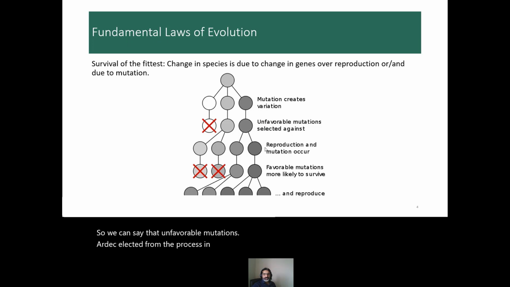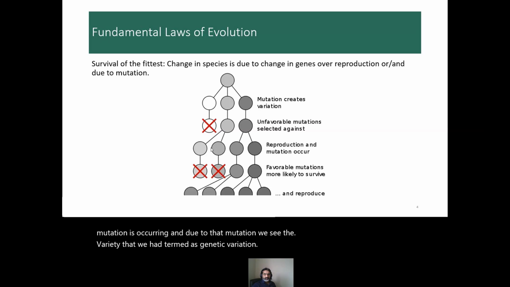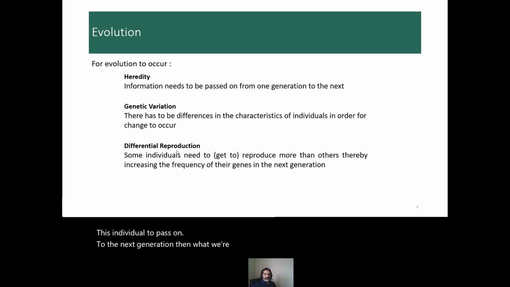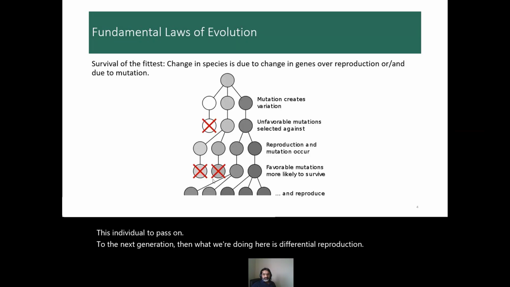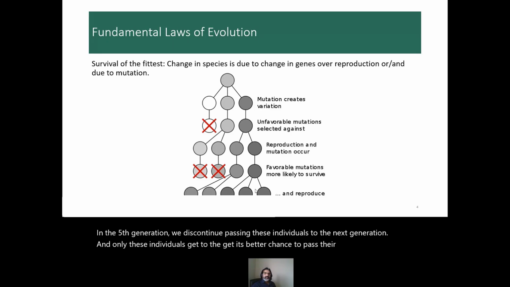In the fourth generation, again we see reproduction and mutation occurring, and due to that mutation, we see the variety that we termed genetic variation. In generation 3, when we deselect this individual from passing on to the next generation, what we are doing is differential reproduction. In the fifth generation, we discontinue passing these individuals to the next generation, and only these individuals get a better chance to pass their genes on.